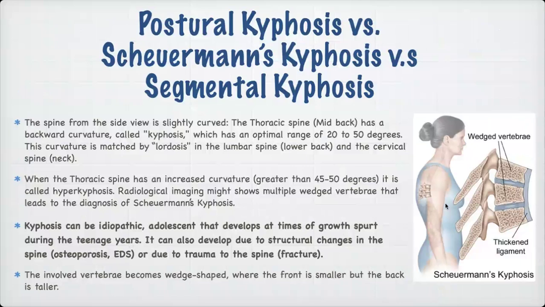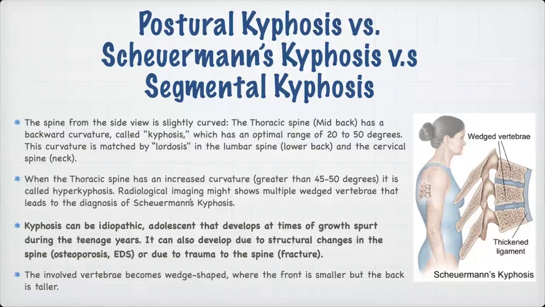And one more note around postural kyphosis, Scheuermann's kyphosis. The spine from the side view has a backward curvature called a kyphosis in the mid-back, and a forward curvature called lordosis in the lower back. And if there's an increase of this angle, or a misplacement of this angle, and it is greater than 45-50 degrees, it can be called hyperkyphosis. And if we also have access to an X-ray, we might see these wedge-shaped vertebrae on the X-ray.